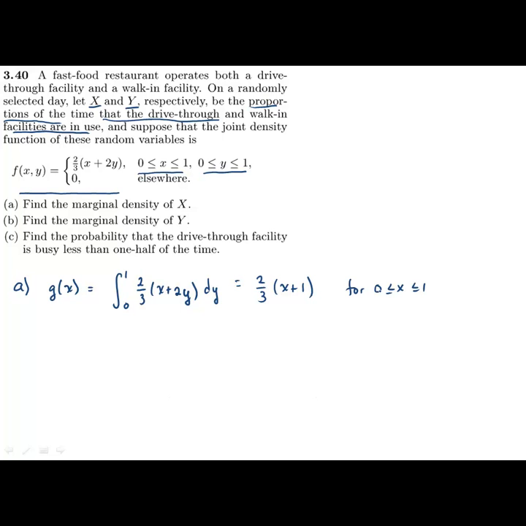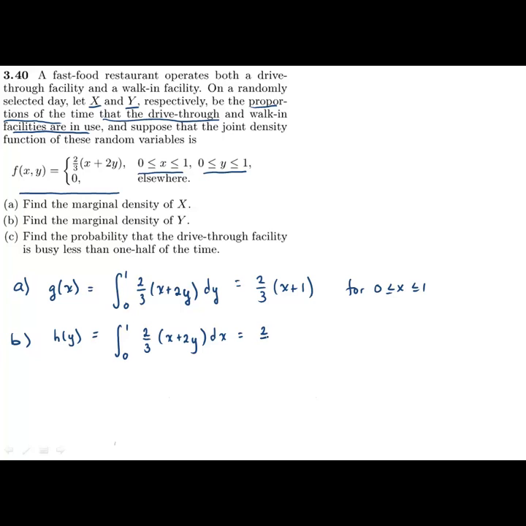So part B is essentially the same thing, but in this case you want a marginal for y, so I'm going to call that h of y. So what will be the limits? 0 to 1. Correct. You have the same joint, but in this case you need to integrate with respect to x.